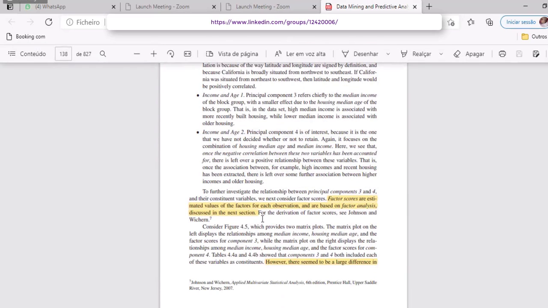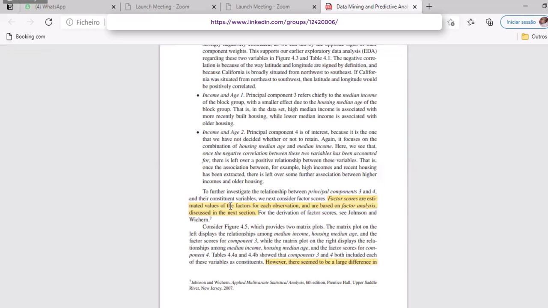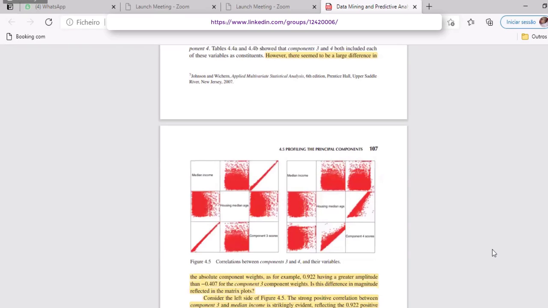So now we are going to investigate the relationship between principal components 3 and 4, and how they are constituted, and for that we use factor scores to estimate the values of the factors for each observation, which we will see next. Okay, so this matrix here shows the relationship between the two variables that compose component number 3 and the two variables that compose component number 4.